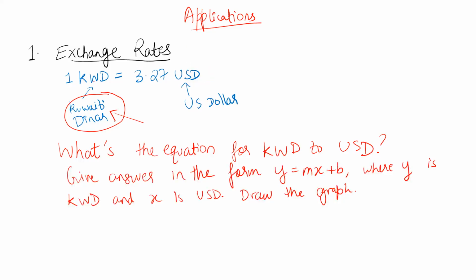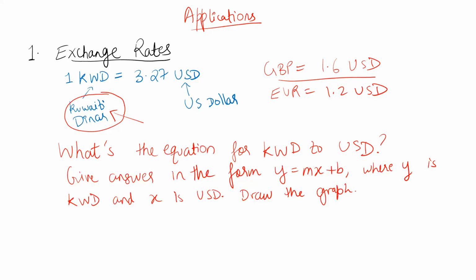So 1 KWD, or Kuwaiti dinar, is 3.27 United States dollars, right? I think for the pound it's something like 1.6 USD, and for the euro it's something like 1.2. This is 3.7. It's very, very strong. The Kuwaiti dinar is the strongest currency in the world.